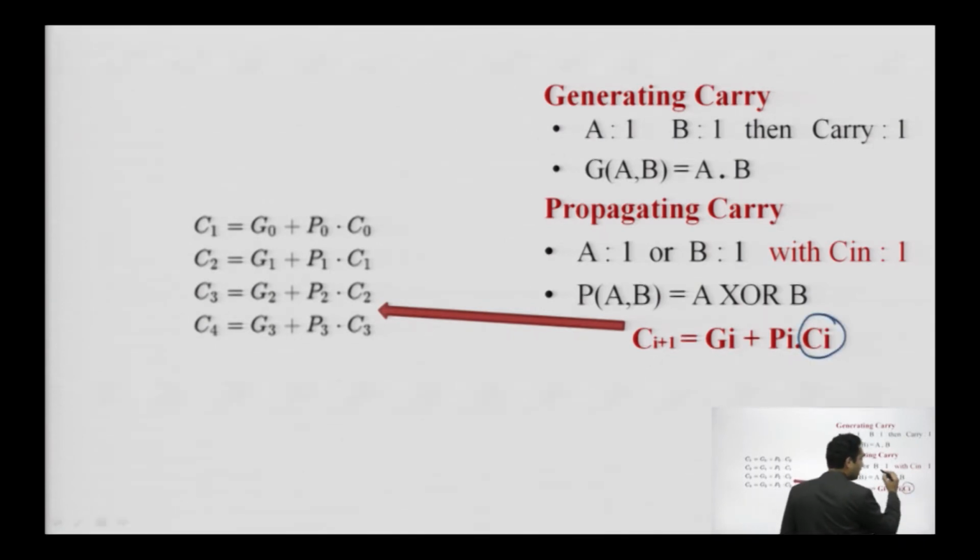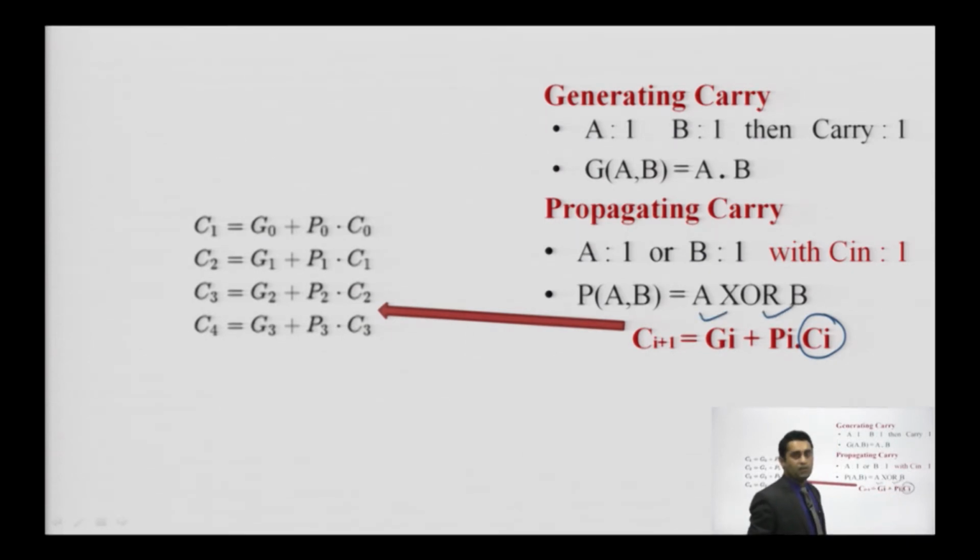This is my input carry and this is my generating and propagating function, and on the basis of this we are able to determine the upcoming carry. So in this case we are saving our time and reducing the propagation delay. This is the main concept of the carry look ahead adder.